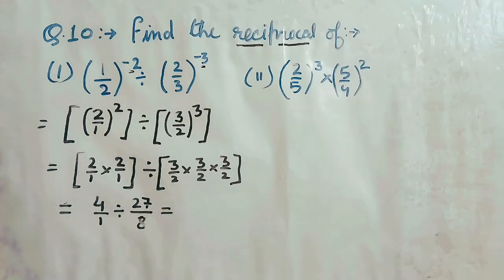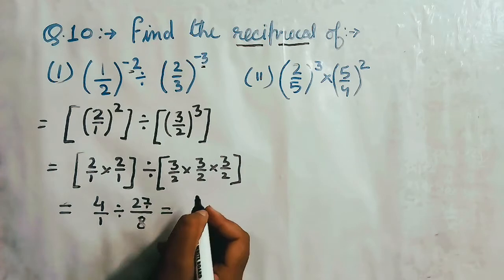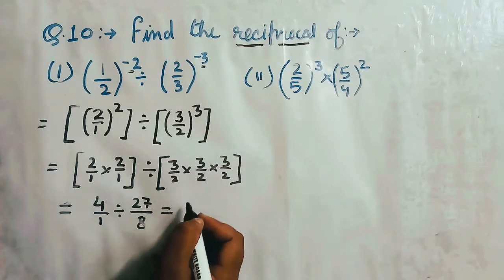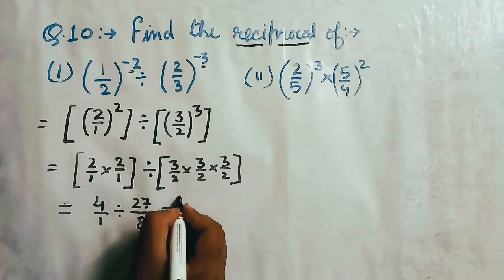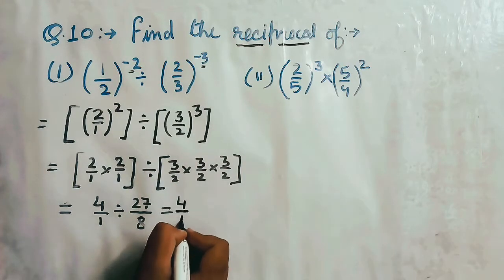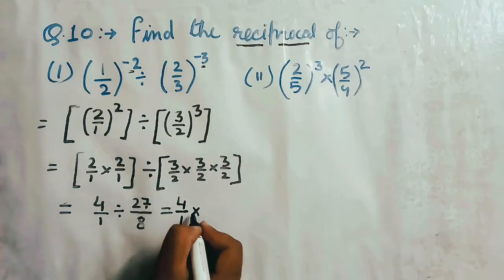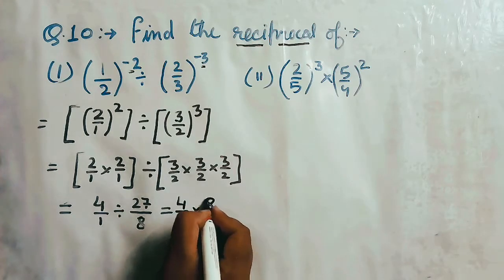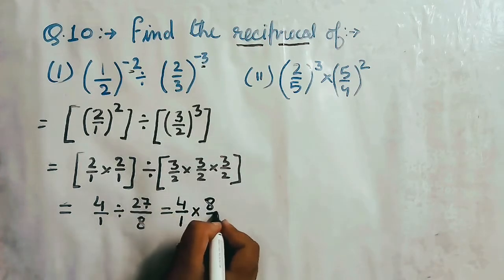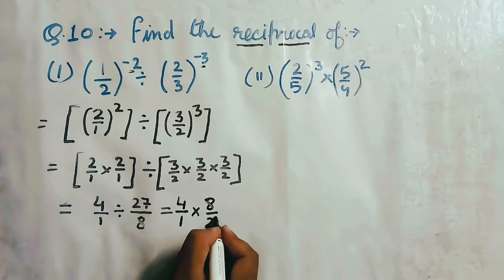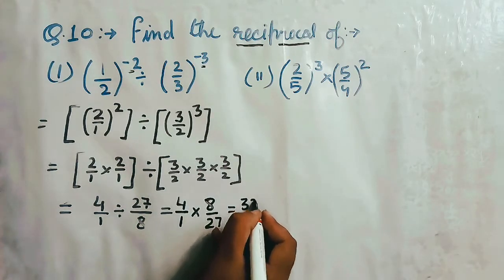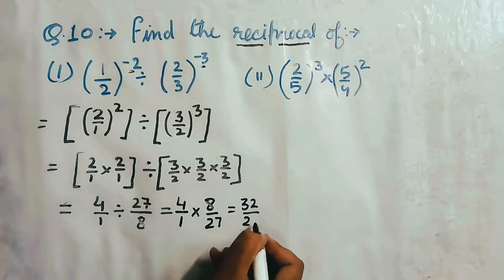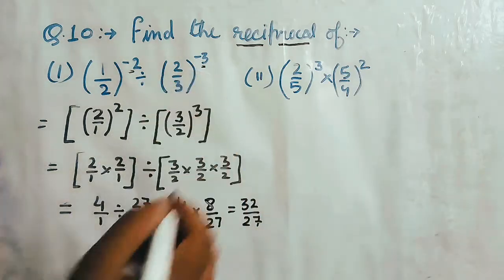Now these are two rational numbers and you know how to divide them. So dividend as it is, 4 upon 1, change divide into multiply and take reciprocal of 27 upon 8 will be 8 upon 27. Simplify it now. 8 4s are 32 and 1 27s are 27.